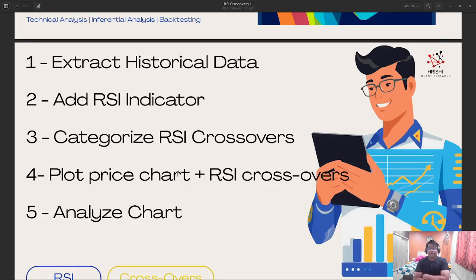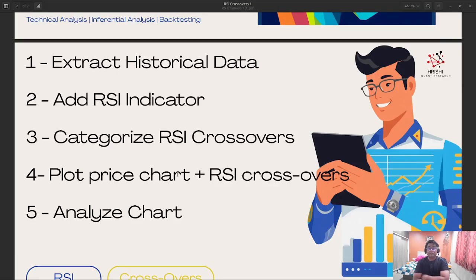And for each of these RSI crossover numbers, that is 10, 20, 30, 40, 50, 60, 70, 80, we will have a separate plot, and we will see where those dots are observed.